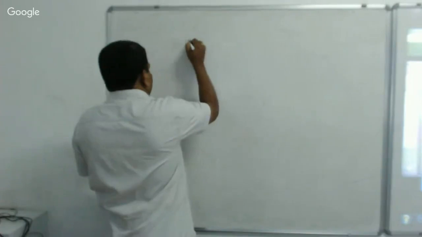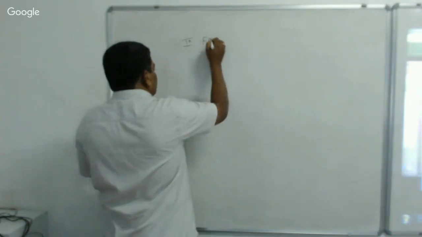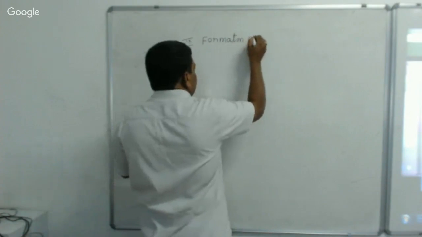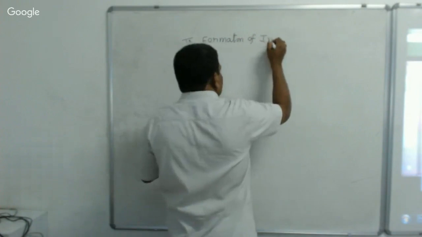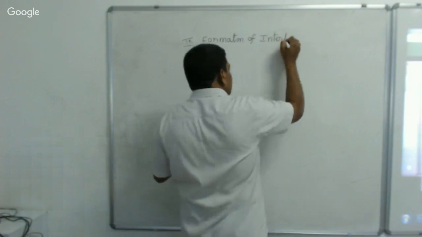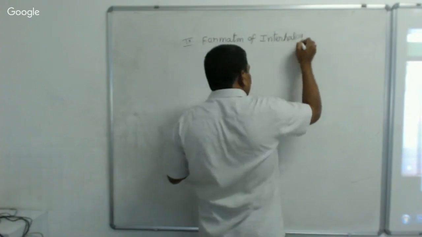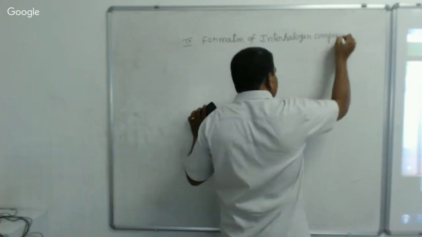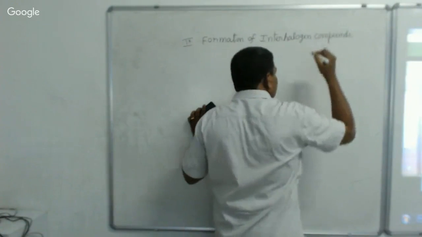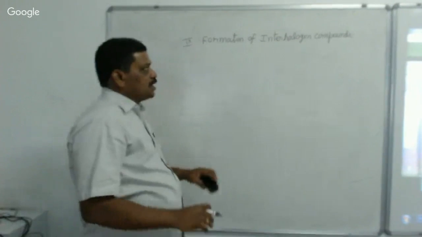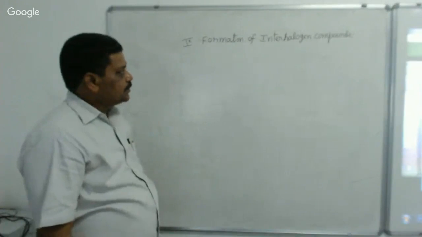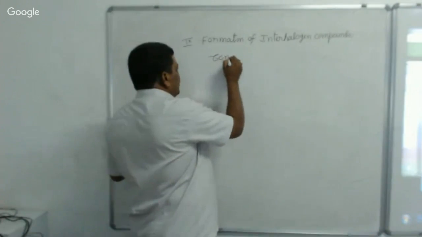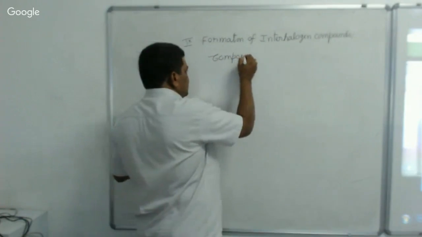So next property, formation of inter-halogen compounds. Compounds formed between different halogens.